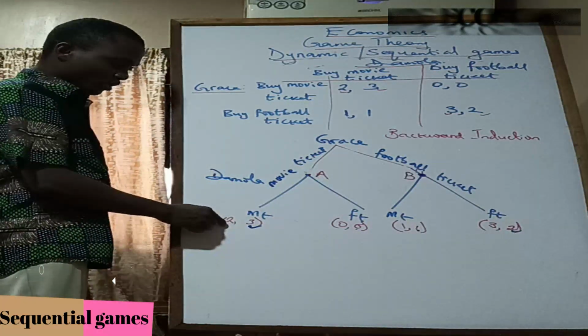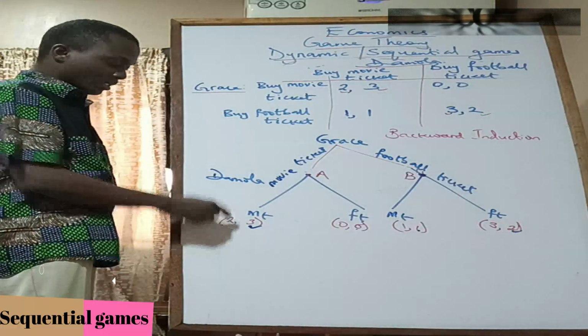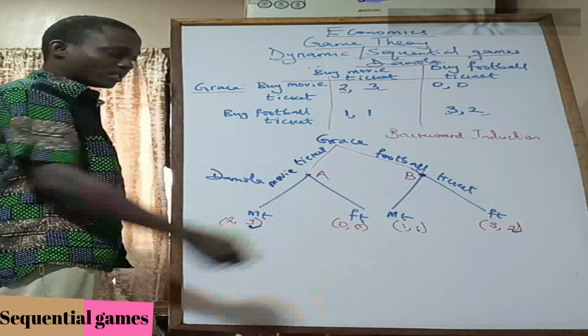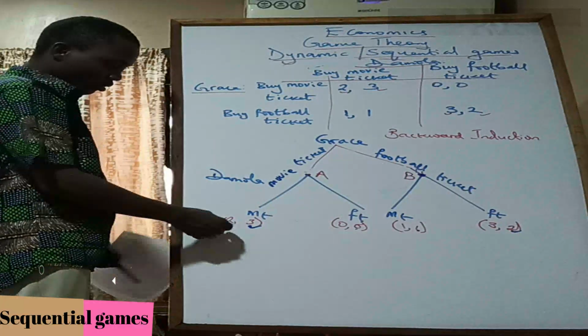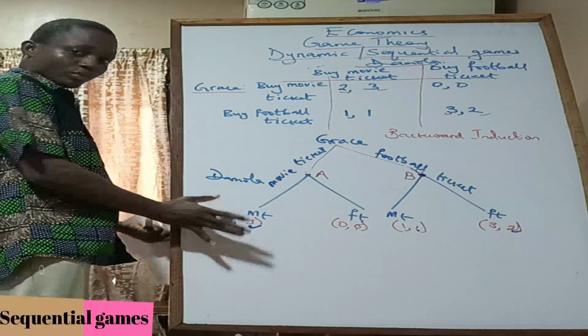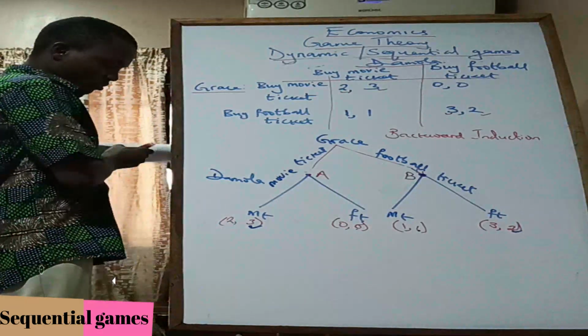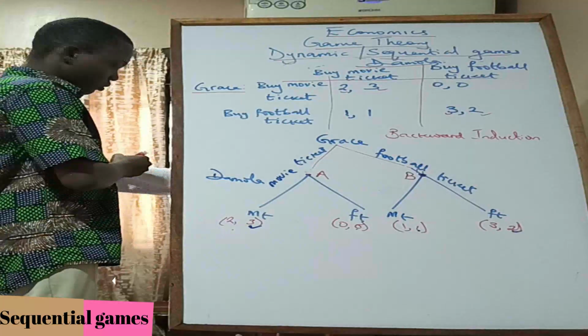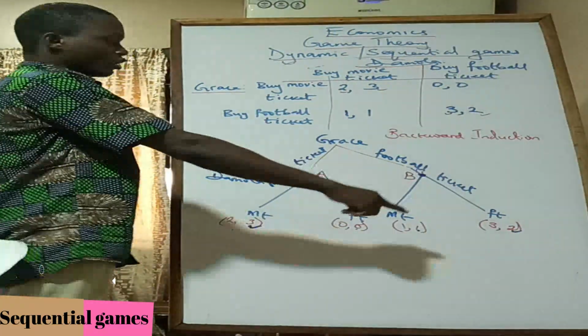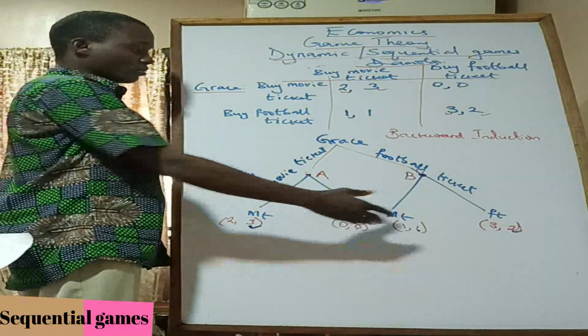There is 2 here, the payoff for Grace if Damola also buys a movie ticket. Then there is 0 here for Grace if Damola buys a football ticket. So Grace, obviously, will prefer 2, right? So let me just put a dot on it, keep that somewhere. We're trying to work out the equilibrium. So we come to that side. So Damola has done something, right?